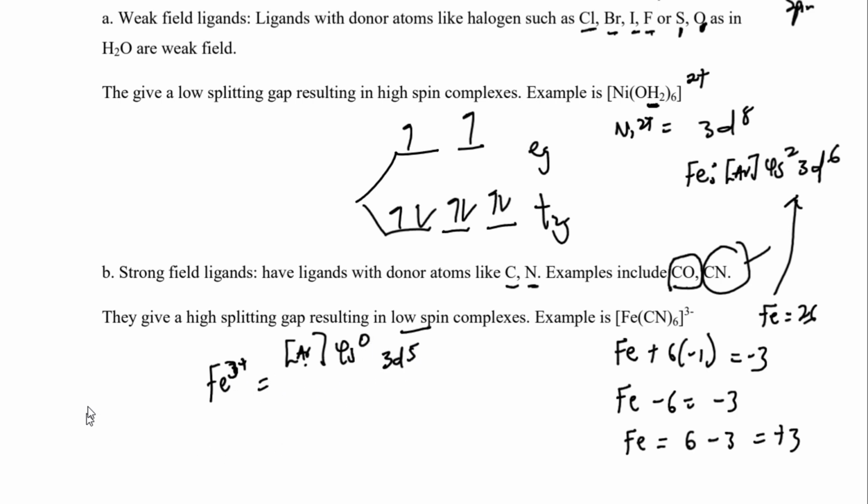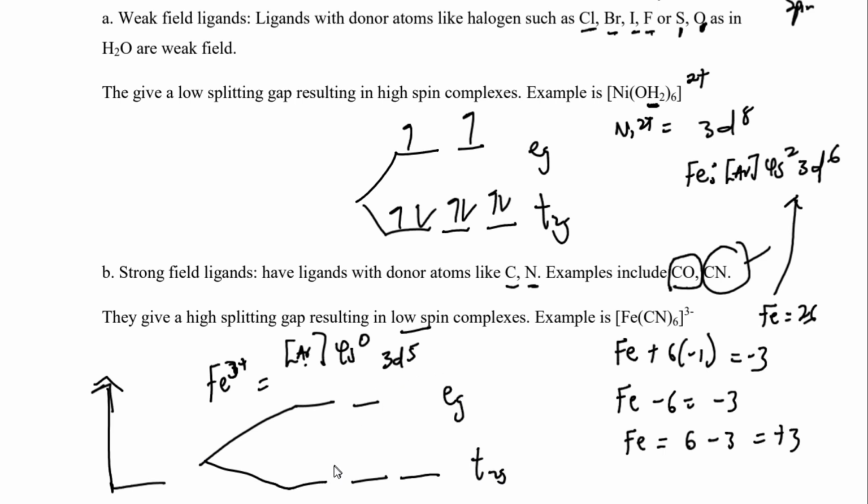So the configuration has t2g and eg, and the 5 electrons are going to be 1, 2, 3.